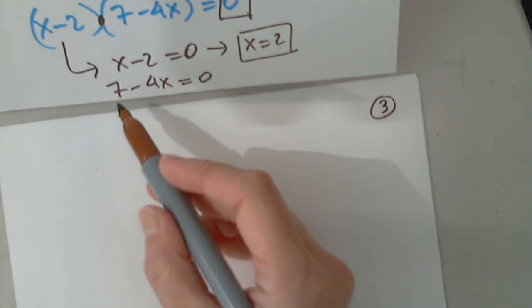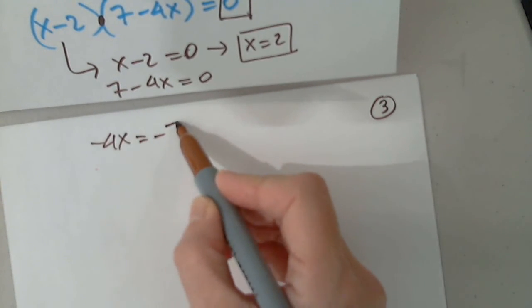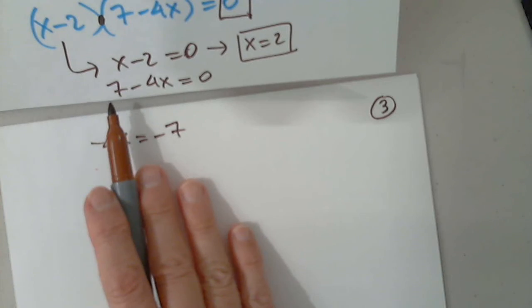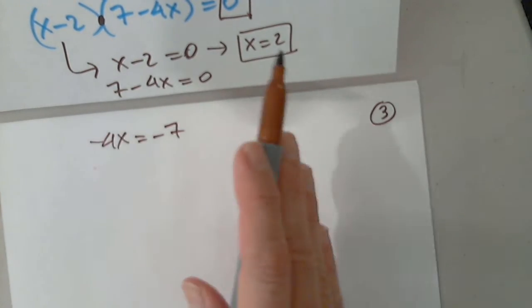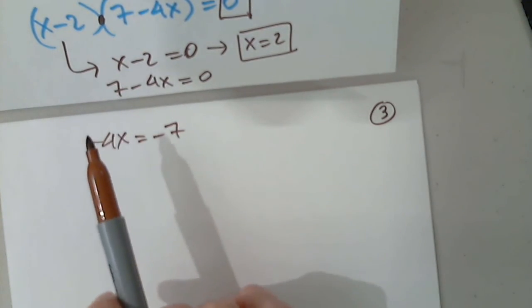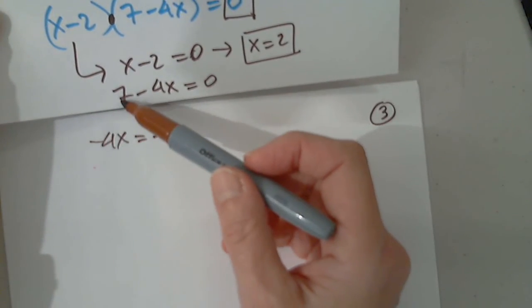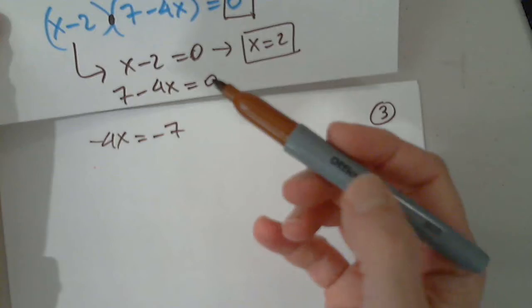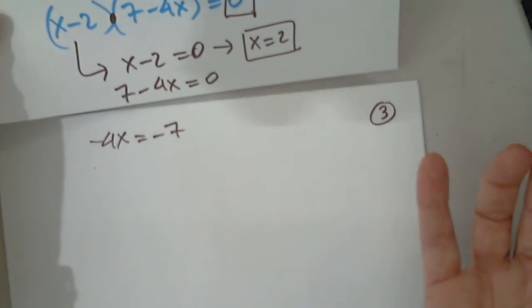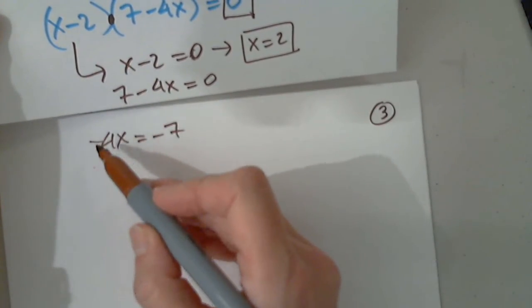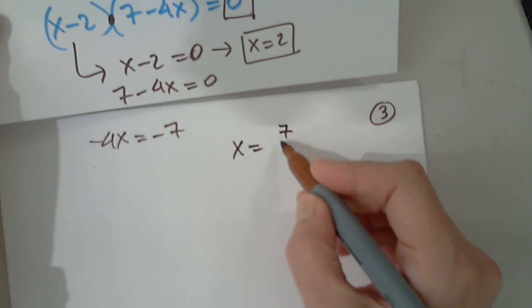Okay, so negative 4x equals negative 7 because I moved 7, which was positive, from one side to the other. That's all it had. That's all that happens here. So when I move a term from one side to the other, it only changes its sign. Or you can say negative 7, same thing. And now I divide by negative 4, and I get x equals 7 over 4.